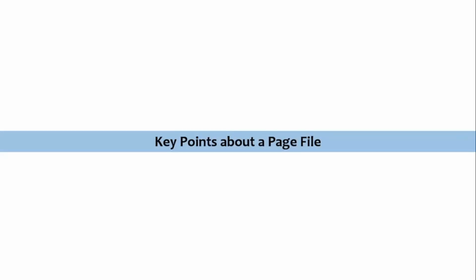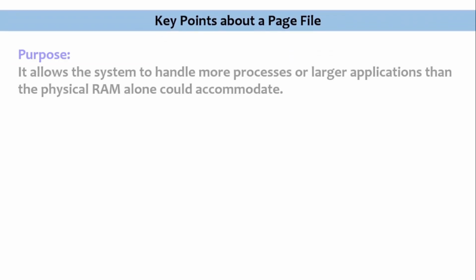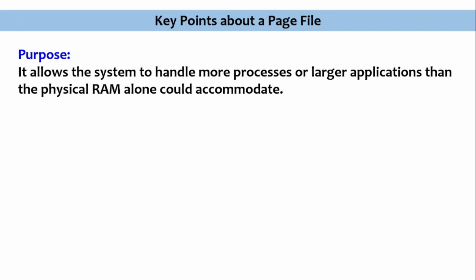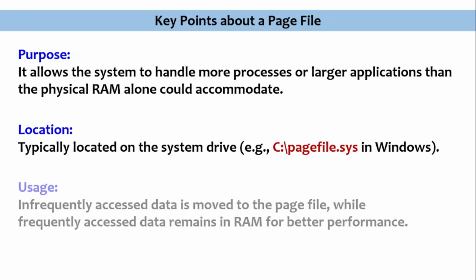So let's see some of the key points about the page file. Purpose: it allows the system to handle more processes or large applications than RAM alone could accommodate. Location: we have seen it, this is the default location, on the root of the C drive.